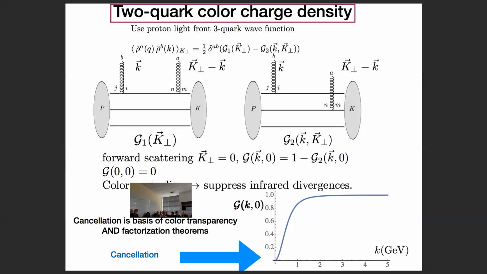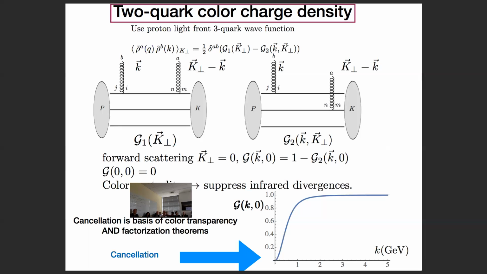But this kind of cancellation is known widely. It's basically the reason why you have the potential to observe color transparency, and I think this cancellation is also the basis of proofs of factorization theorems.